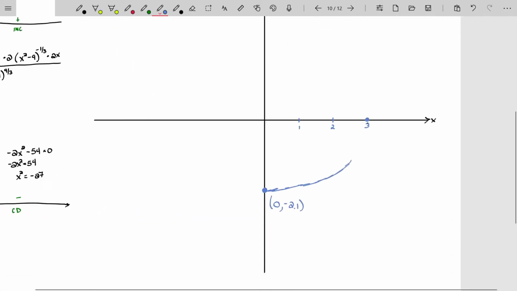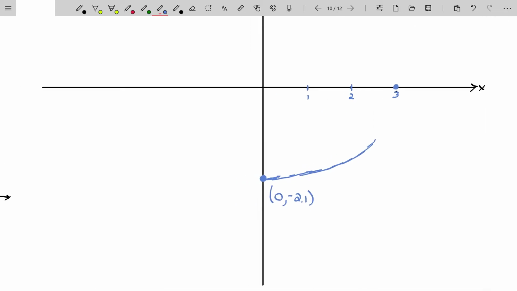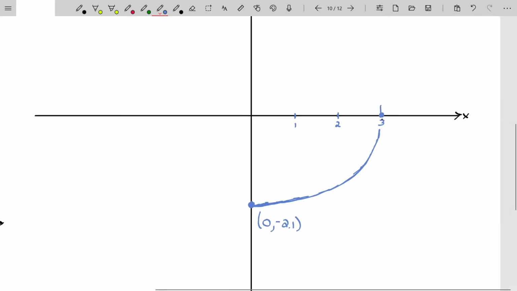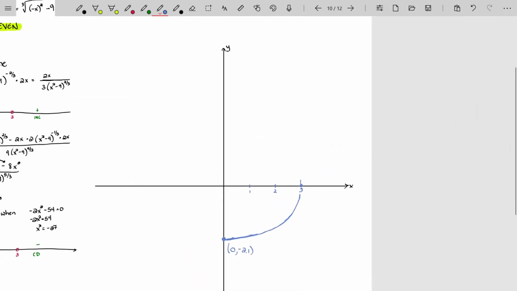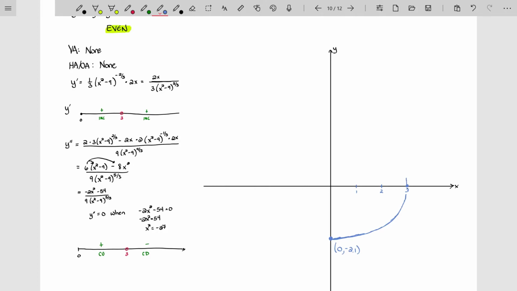So that is kind of the weird thing about using symmetry, is that you don't get to see that local minimum until you graph it. But here we go. It's going to go vertical just briefly at x equals 3. That's where it switches concavity and it's still increasing. It does something like this. It's going to go off to infinity, but there you go.